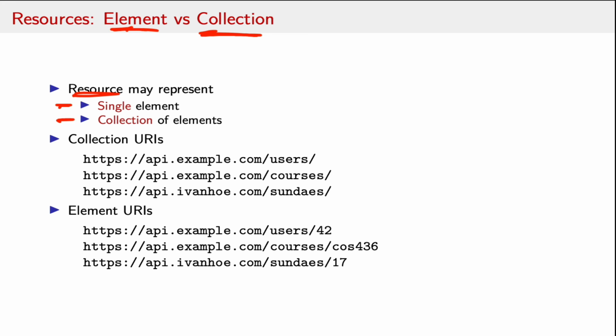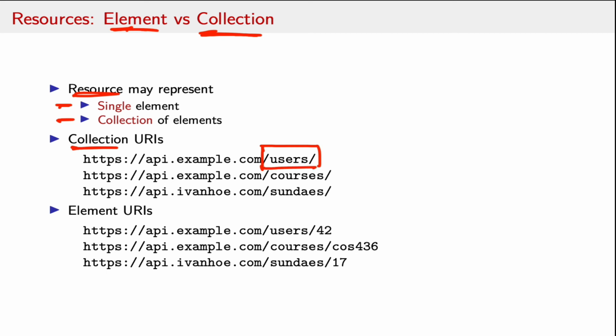And the particulars of how a RESTful API applies to an individual element or a collection of elements is going to differ, as we'll see in a second. First of all, let's look at some collection URIs. You can see that these are all web addresses with a particular server in mind, and then the resource portion of the URI is referring to a collection of things.